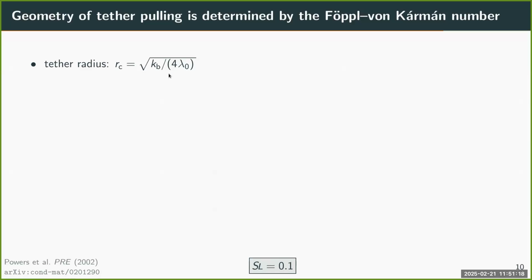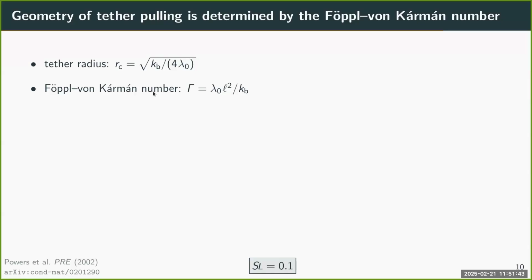This ratio gives you a length scale squared, so the square root of this tells us how thick we expect the tether to be. And we want to compare this value to the actual size of the patch itself. That leads to this dimensionless number, which we call the Föppl-von Kármán number, which is essentially the length of the patch divided by the radius of the tether squared.